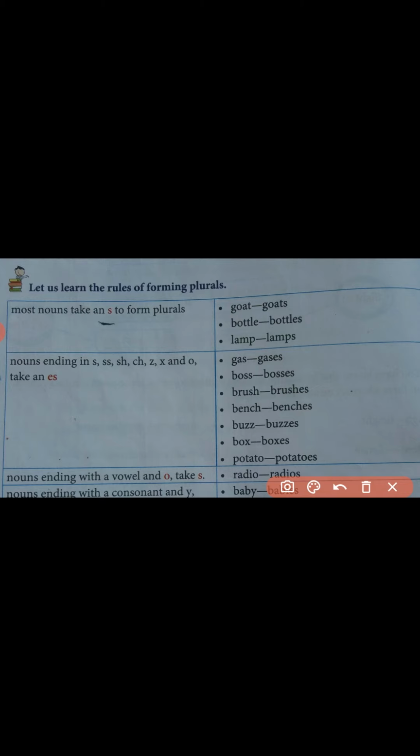Here, any noun ending in s, sh, double s, ch, z, x and o takes es. This is a very particular rule. Most nouns that end in these letters, that means s, double s, sh, ch, z, x and o, take es in the plural.